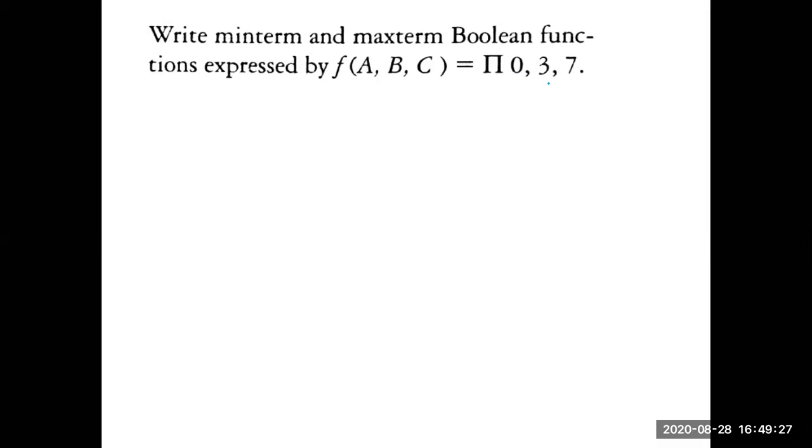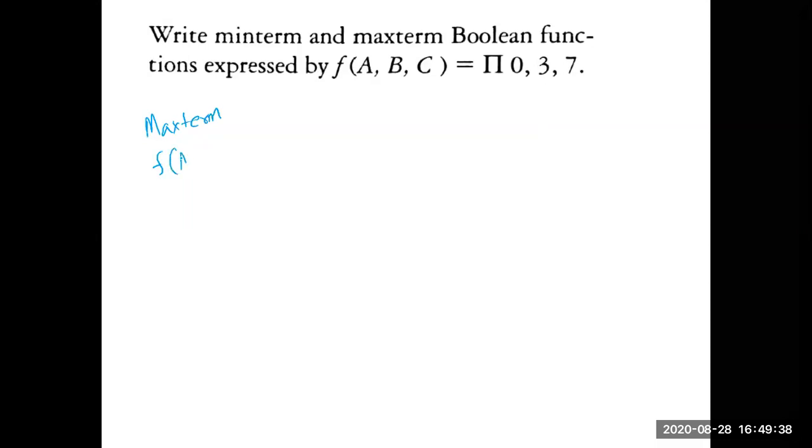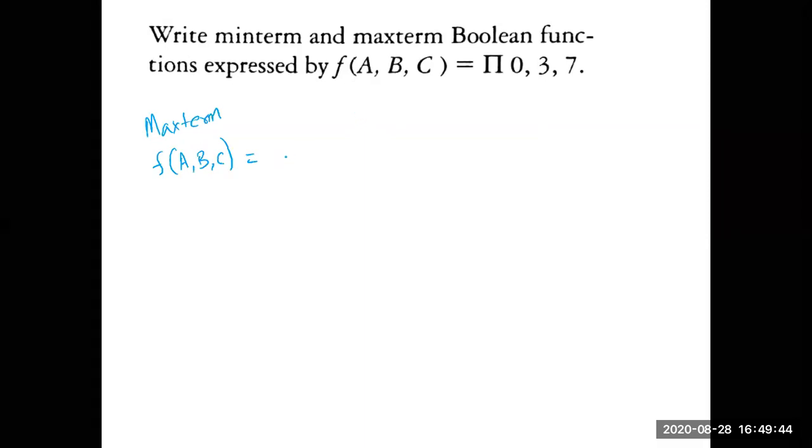If you write in the form of max terms, a, b, c equal to this zero. This zero you can represent with a plus b plus c. Zero means all zero. Three means zero, one, one.